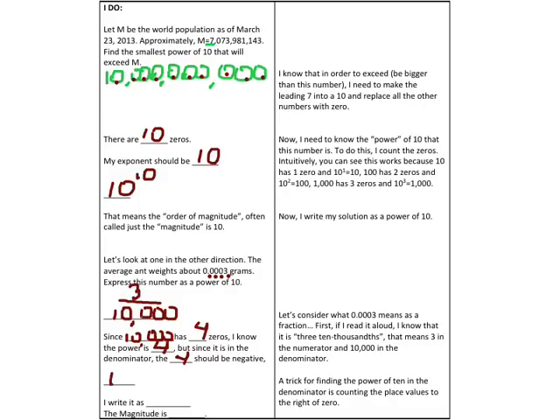That means I have 10 to the negative 4th power. The magnitude is -4, because written as a power of 10, this is 3 times 10 to the negative 4th power.